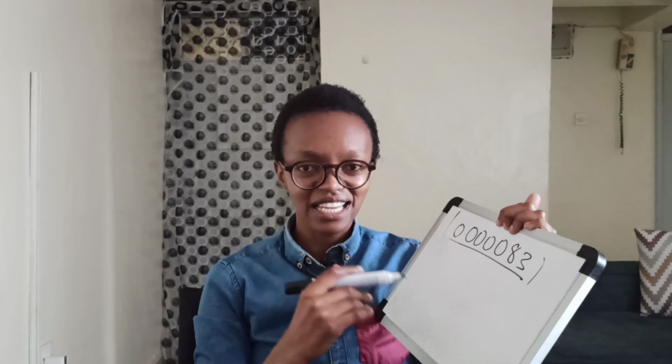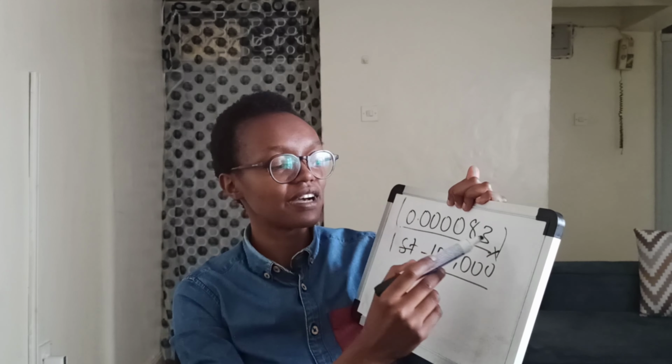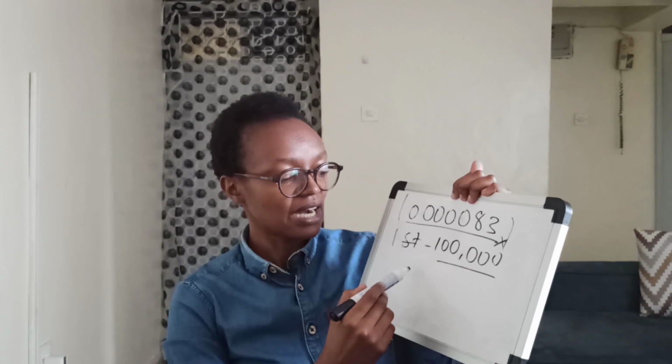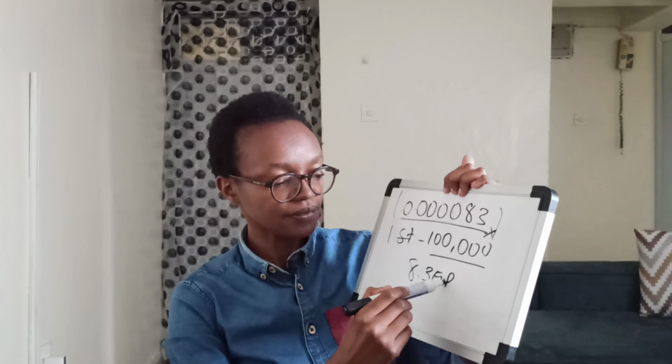Now, this is where I'm going to show you how you can actually make money in the Forex market. Let's assume we had taken a standard lot. We have already established that one standard has 100,000 units. So if you took one standard lot, you'd multiply by this value, so that would be around 8.3 euros.